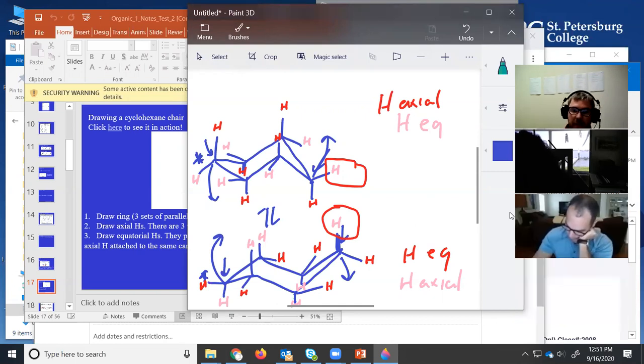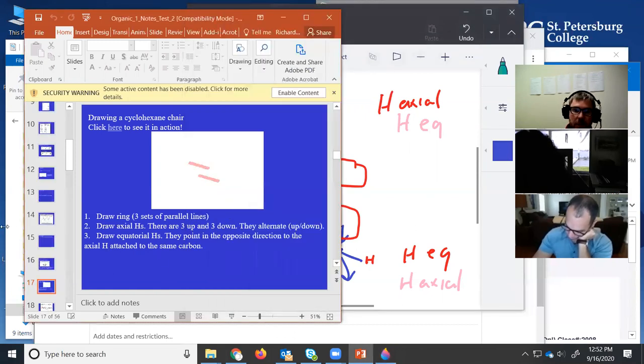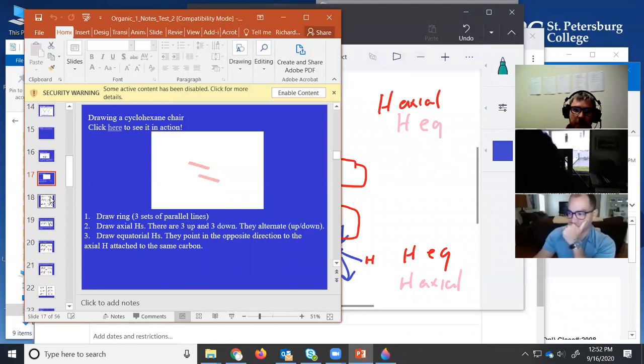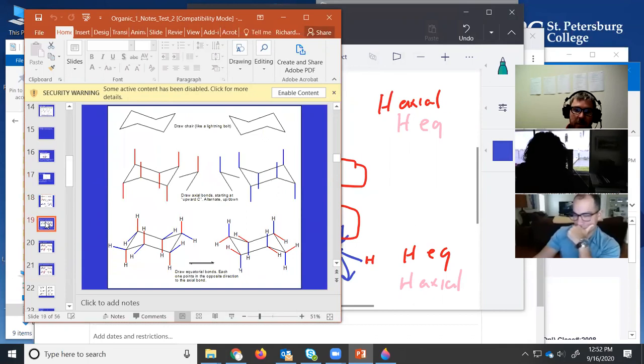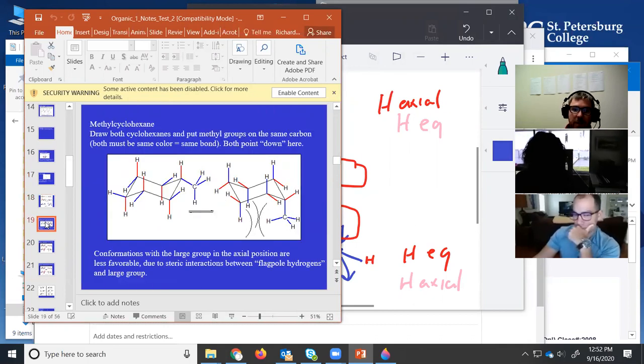All right, does anybody have any questions? All right, let's look at what happens if we put a different sized group on there. And this is methylcyclohexane. So what we've done here is replace one of these hydrogens with a methyl group.